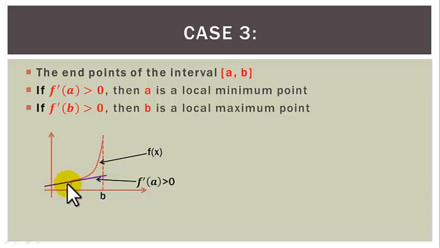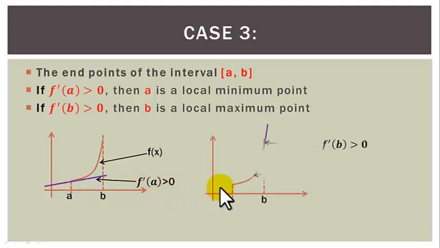Clearly, you can see this tangent, which is f prime A, is positive, and the point A there is a local minimum point. Whereas here, at the point B, the tangent to the curve at the point B is also positive. Hence, the point B is a local maximum point.